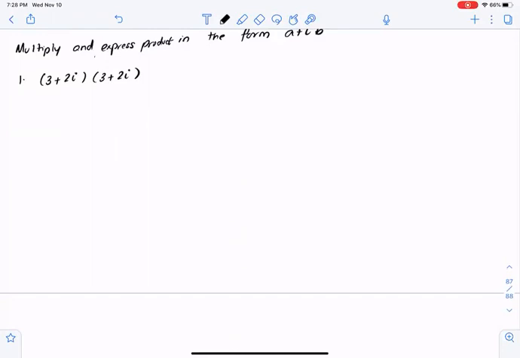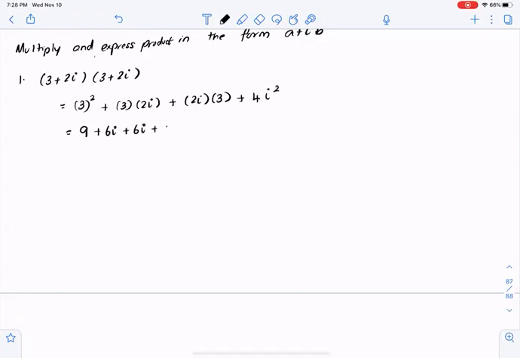So I'm going to FOIL: 3 times 3, which is 3 squared, 3 times 2i, plus 2i times 3, plus 2 times 2 is 4, and i times i is i squared. 3 squared is 9, plus 6i, plus 6i, plus 4. Earlier, I mentioned that i squared is -1. So I'm going to put -1.